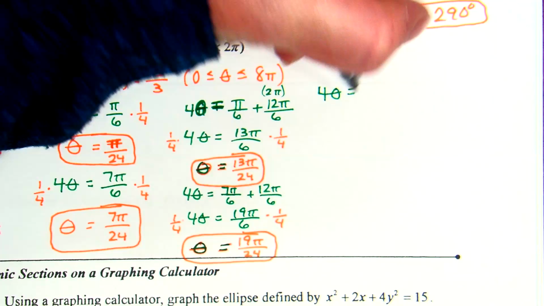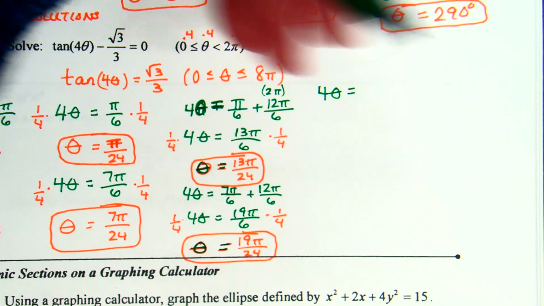Okay. Now what? Do it again. Good answer. So 4 theta equals, this is where I'd like to look back at the last one, right? The last one I put us at 13 pi over 6. So yeah, the easiest route in my brain, it didn't matter when it was just whole numbers, but when it's fractions, you want to make it easy on yourself.